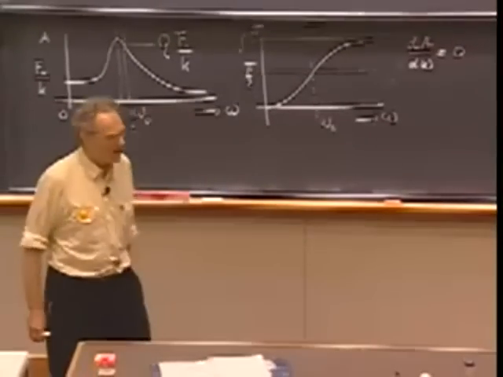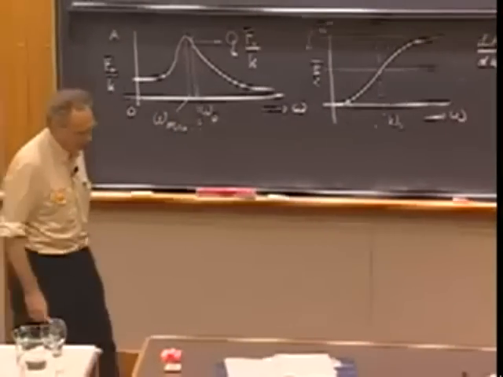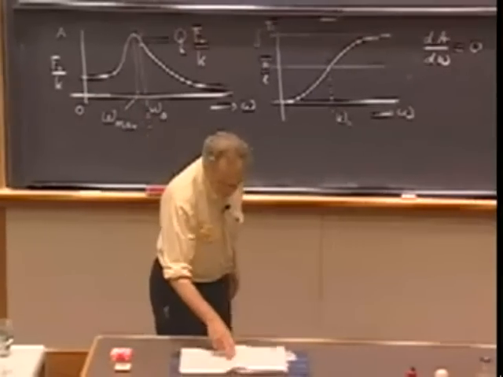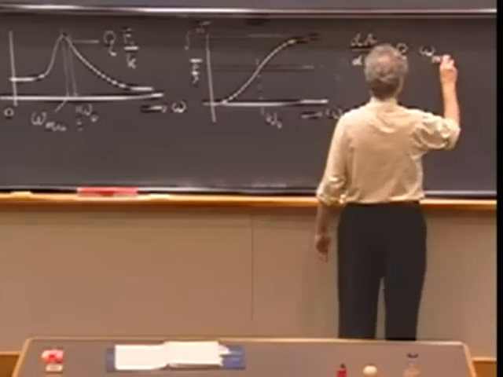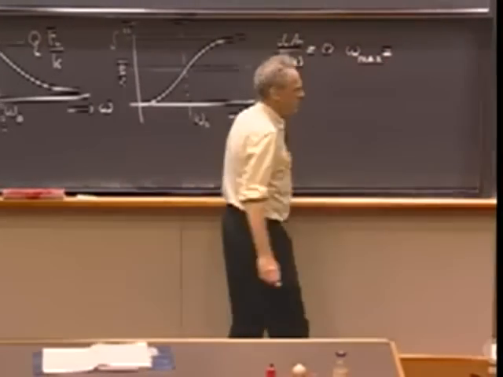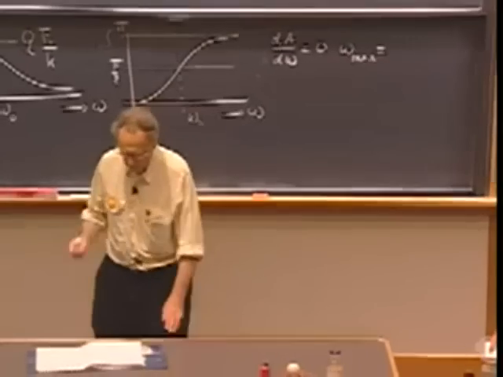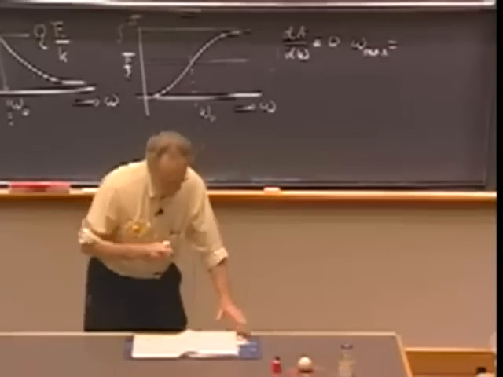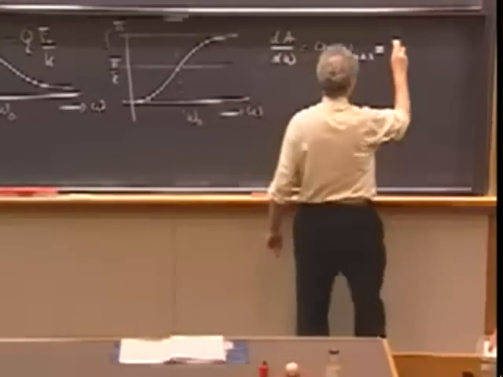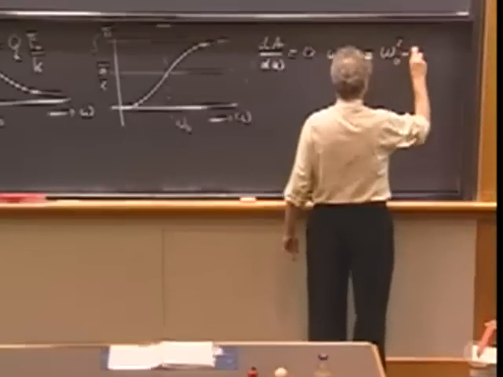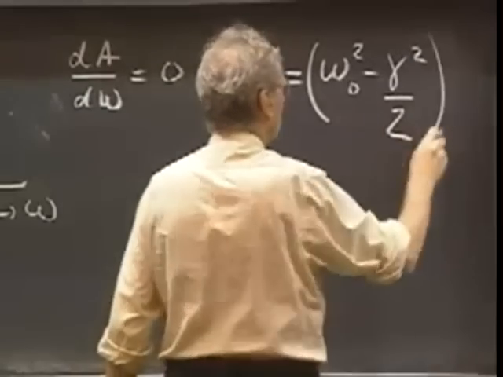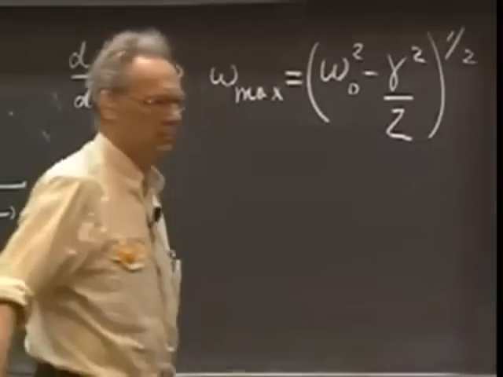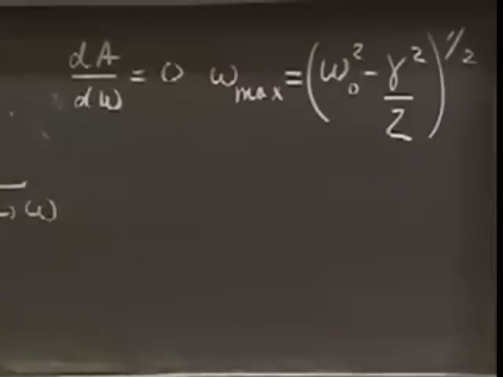And I will leave you with that exercise. It may take you a few minutes to do that. And you will find then that omega max, so where the real maximum is located, the maximum in terms of amplitude, is omega 0 squared minus gamma squared over 2, not 4 but 2, to the power 1/2. Not so intuitive that it is there.